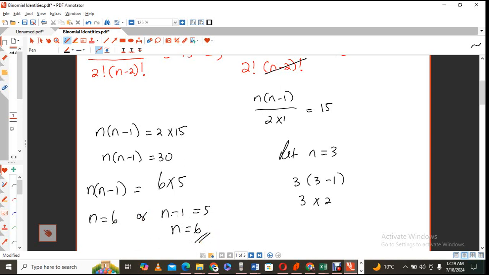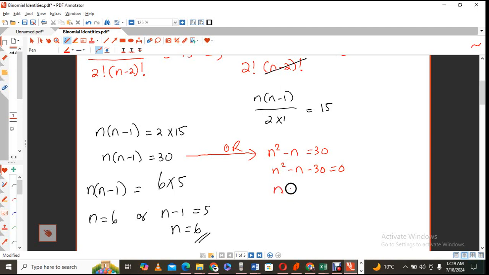Ideally, if you couldn't do that, then you can go ahead and create the quadratic, and you should be able to solve it. From here, you can say n squared minus n is equal to 30. Then you have n squared minus n minus 30 is equal to 0.